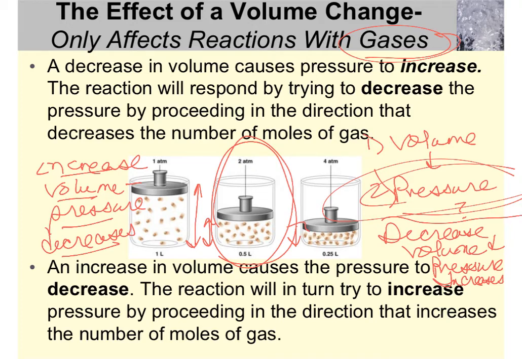Now, after you make sure you understand the pressure-volume relationship, think of Le Chatelier in a reaction. If we increase volume, that means we decrease pressure. If you decrease pressure, how is Le Chatelier going to respond?